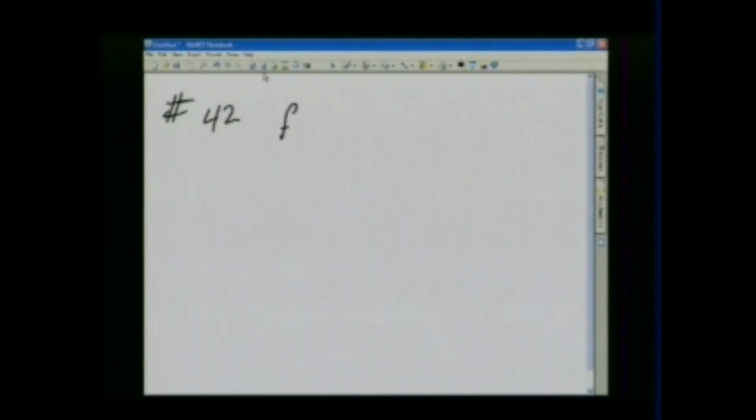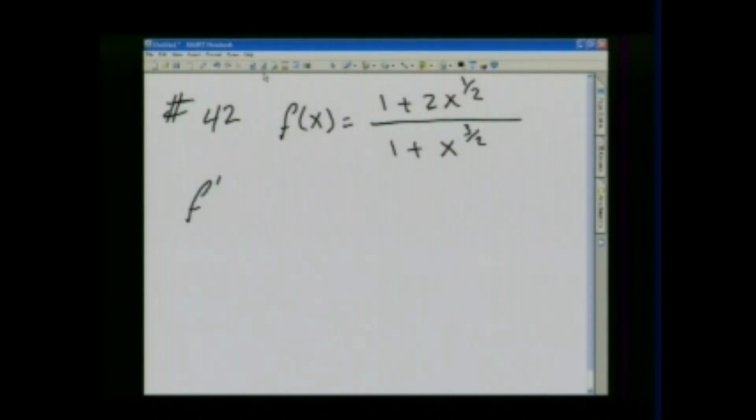So if you have f of x, which is equal to 1 plus 2x to 1/2 divided by 1 plus x to 3/2, first you have to find f prime of x and then evaluate it at the point of x equal 4.